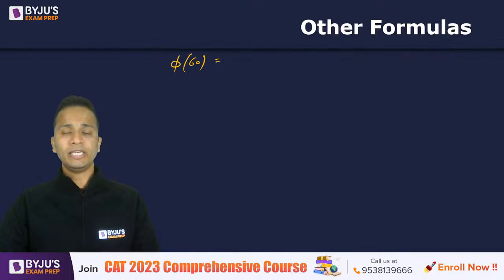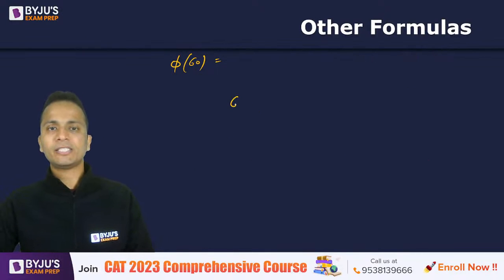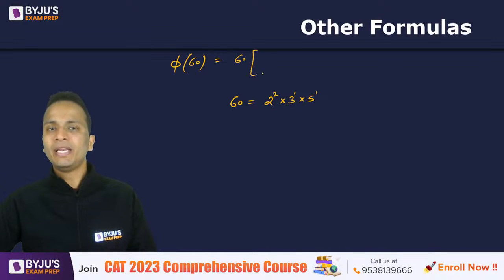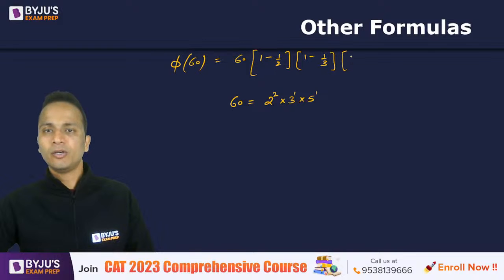Okay, let me solve this. First of all, I'll write 60 in terms of prime factorization, which will be 2 raised to the power 2 multiplied by 3 raised to the power 1 multiplied by 5 raised to the power 1. So phi of 60 can be written as 60 bracket 1 minus 1 upon 2, next 1 minus 1 upon 3, and then 1 minus 1 upon 5.